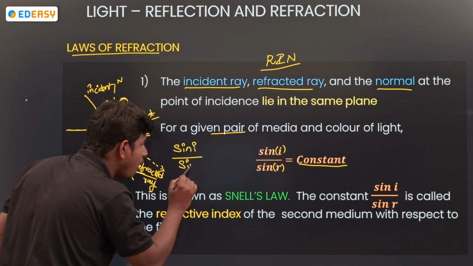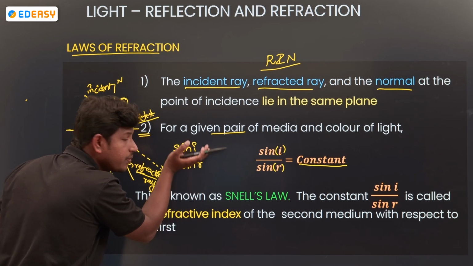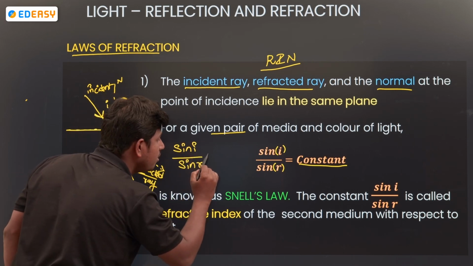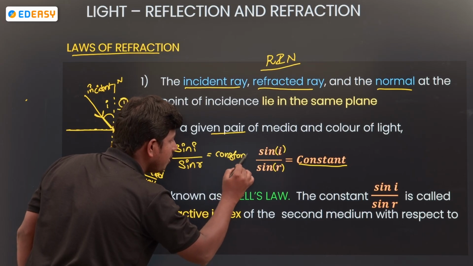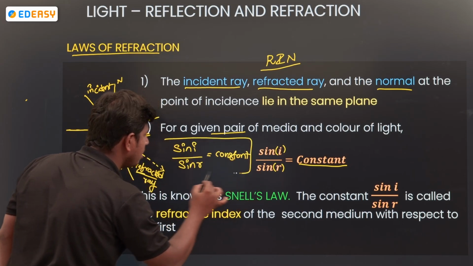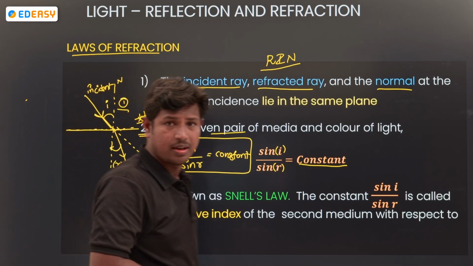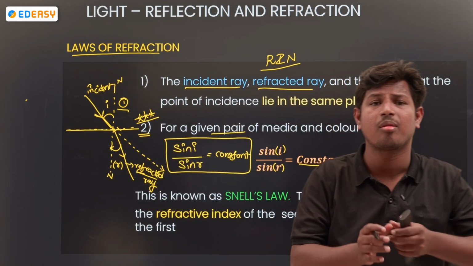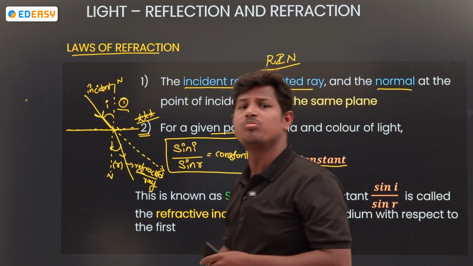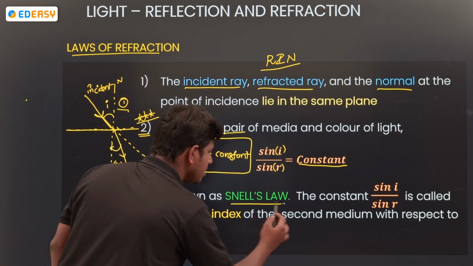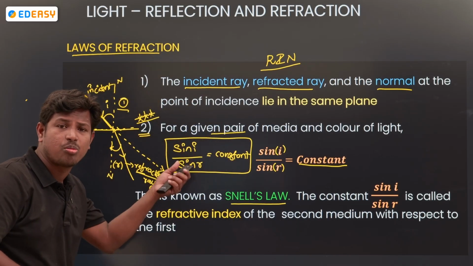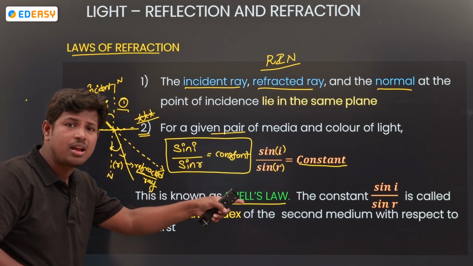The ratio of these two is that constant. The ratio of sin i by sin r is equal to a constant. This was proposed by Snell, that's why it is called Snell's law.